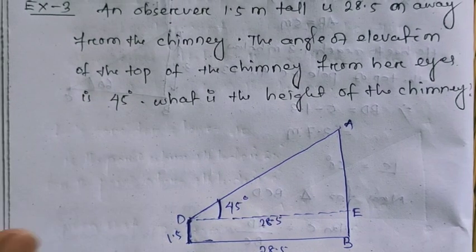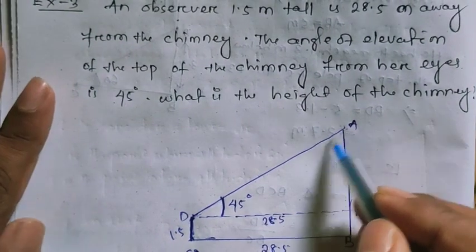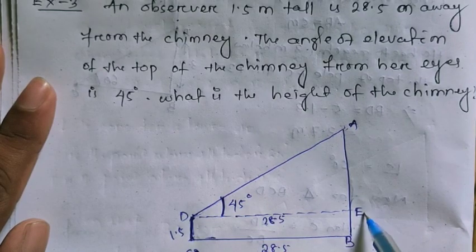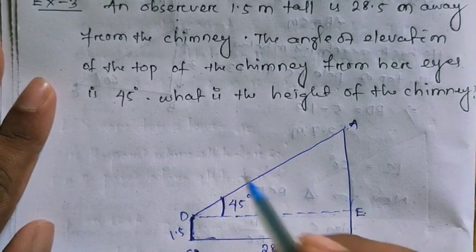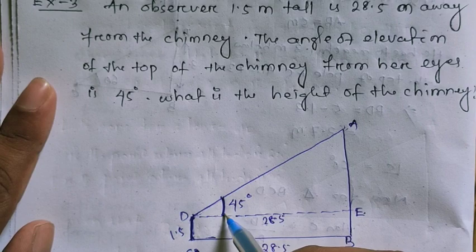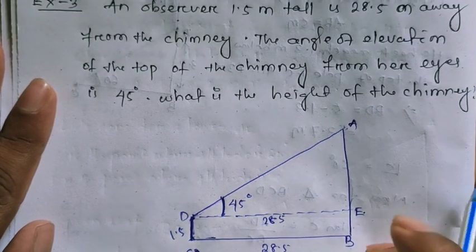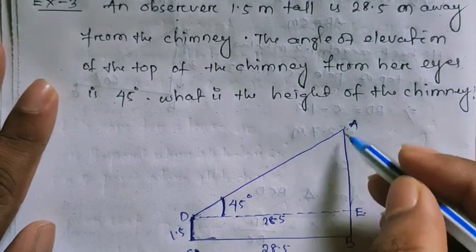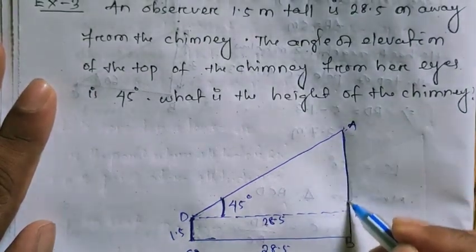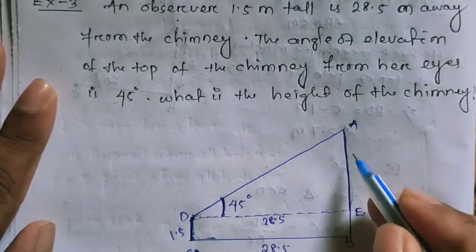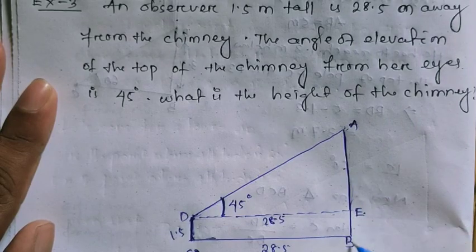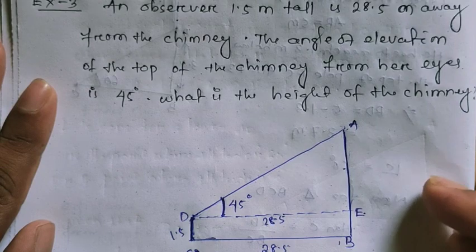Understand? Now here in triangle ADE, this is the 45 degree angle of elevation, and here the base is given, DE is equal to 28.5. We have to find out what is AE. After that I can add AE plus EB, that is your 1.5 ultimately, so that we can get the answer.